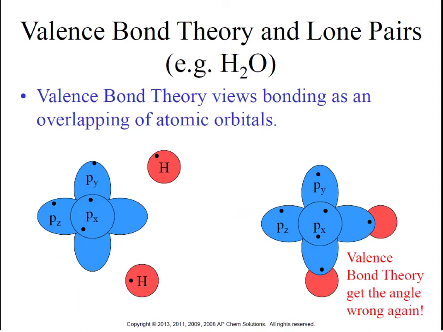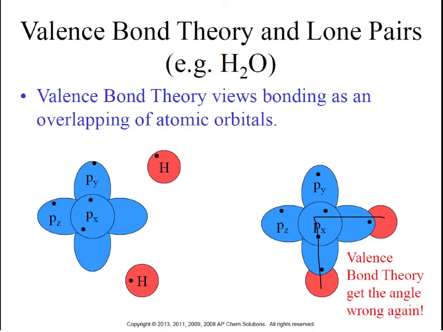But if you look at how this would actually lay out, since oxygen has px, py, and pz, that's like a 3-dimensional grid with 90 degrees between all of the axes, when those hydrogens came in and bonded with the y and the z right there, you're going to form 90-degree angles. But VSEPR predicts that it won't be 90-degree angles. It should be 104.5. So this doesn't make sense with the valence bond theory.